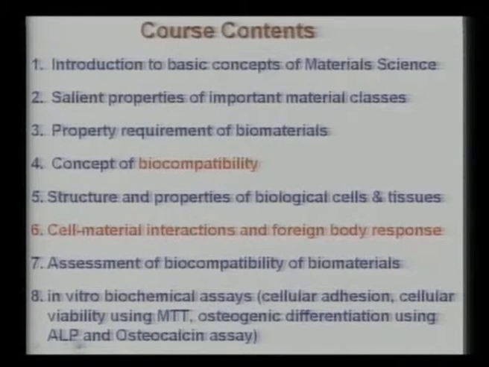Third is the property requirement of biomaterials. The fourth is the concept of biocompatibility. Biocompatibility is the core idea and the core property requirement for the development of biomaterials. Therefore, an in-depth understanding of what is meant broadly by biocompatibility needs to be developed.